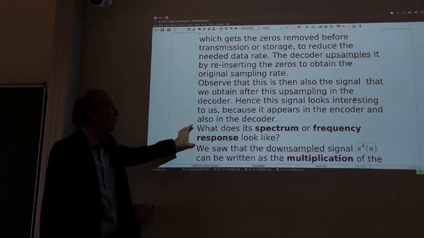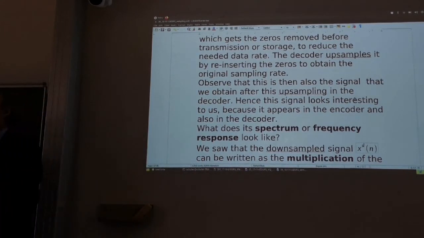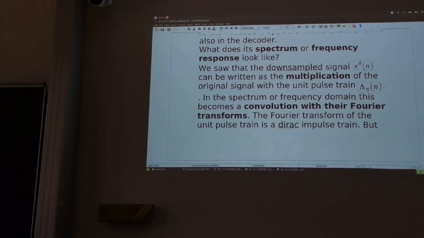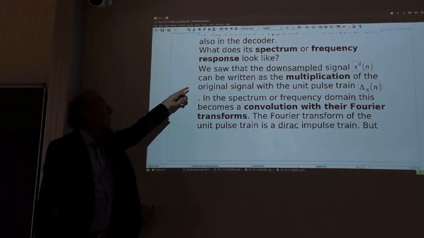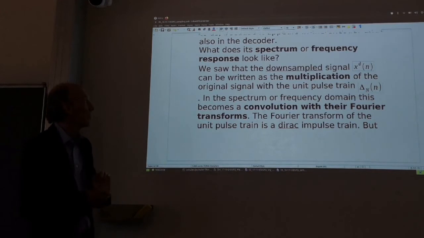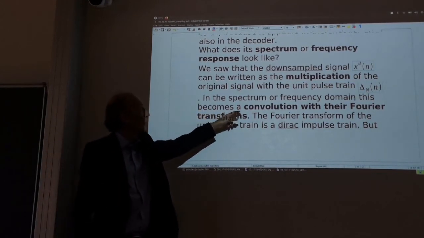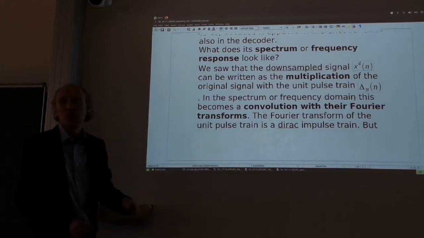So what does the spectrum or frequency response of this signal, still containing the zeros, look like? The downsampled signal x_d can be written as the multiplication of the original with the unit pulse train. And in the spectrum or frequency domain, this becomes a convolution of their Fourier transforms.